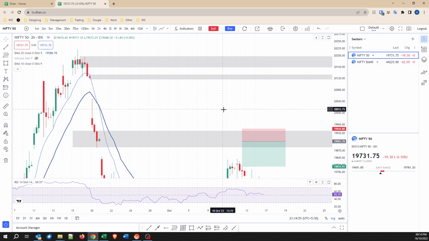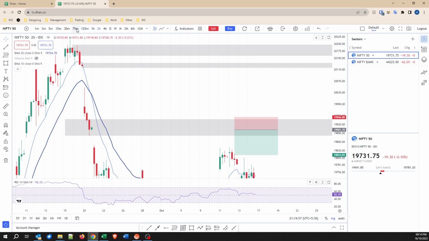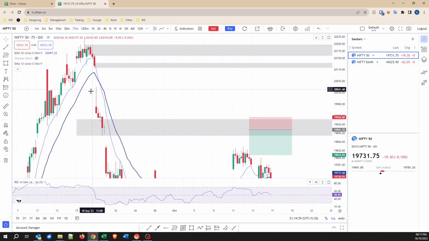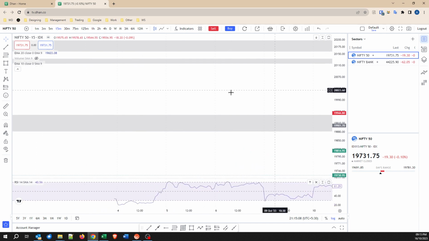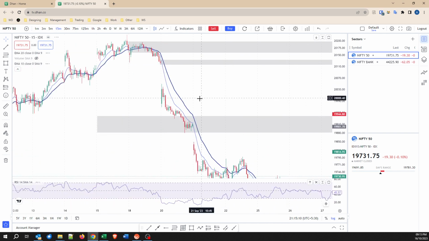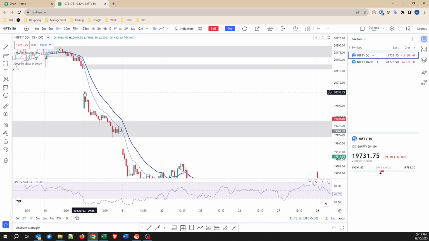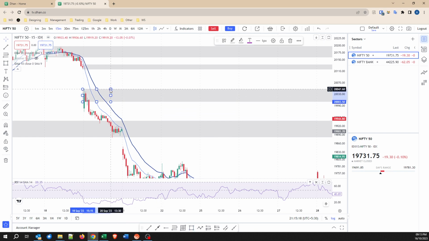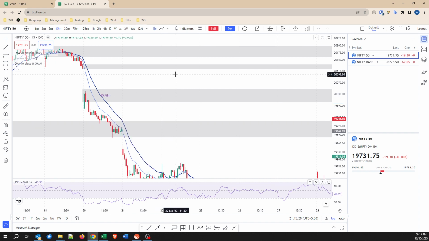Based on the bullish pressure back there, I'm expecting there should be some selling pressure here too, because there's a gap. There will be some gap filling. So I'm expecting some selling pressure here. Maybe on the 15 minutes time frame, we can target this supply zone. I'm going to mark this as 15 minutes.